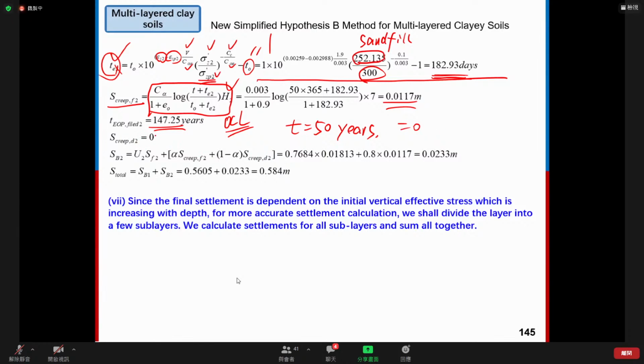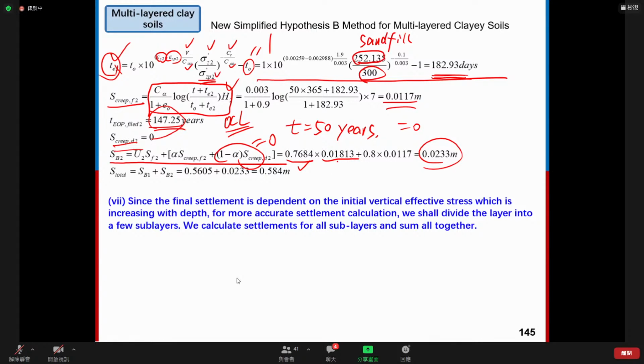Because it has not reached the TEOP at field. This 50 is smaller than this value, right? So we don't have the S-curve delay for the second layer, or for the alluvium layer. So we just use the simplified method to calculate the final result. Okay, this item is equal to 0. This one we already calculated before.